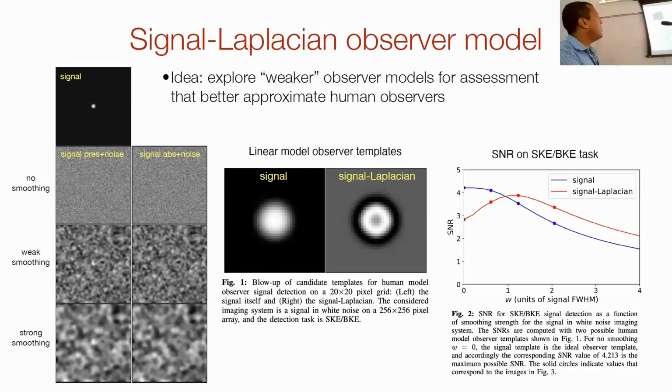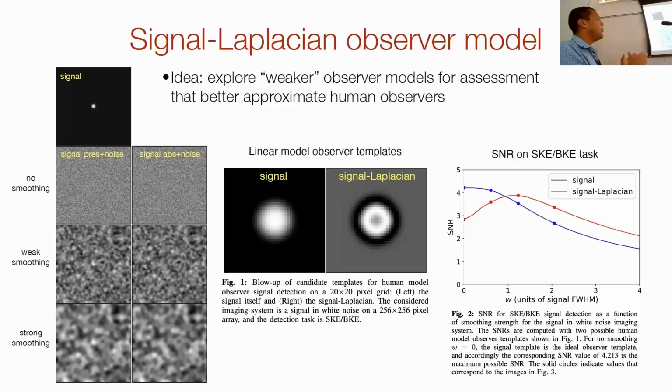In this case, the ideal observer is the same thing as using the signal itself as a Hotelling template. That's the image on the left. And the new template we're proposing for human model observers is on the right: a signal-Laplacian. This is not a completely new idea, by the way. People know that humans are sensitive to edges of things, and that's what's motivating this.